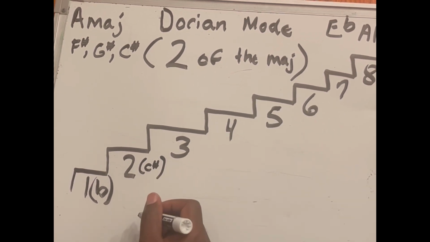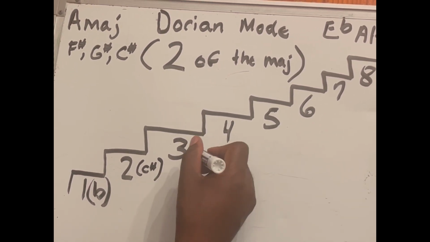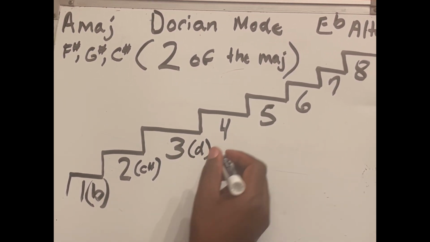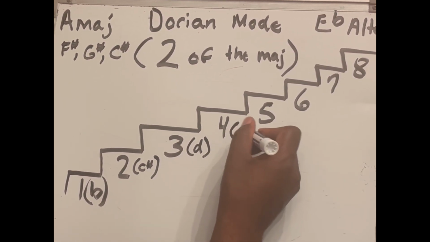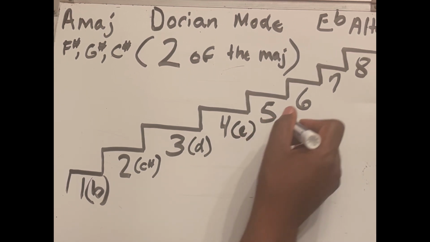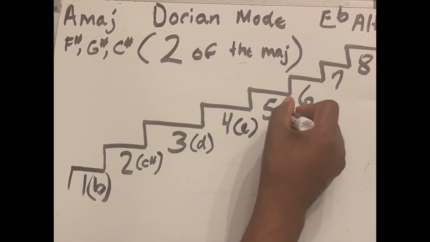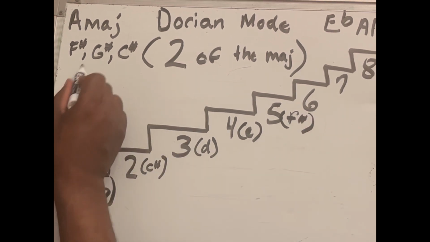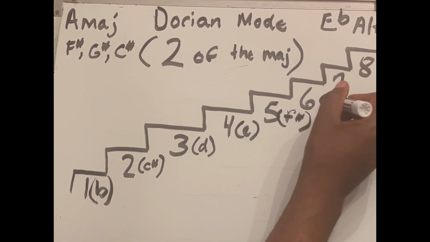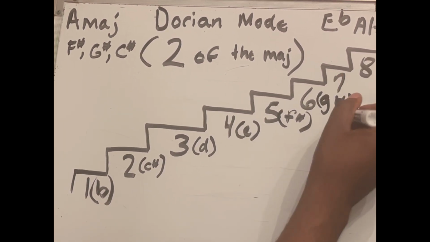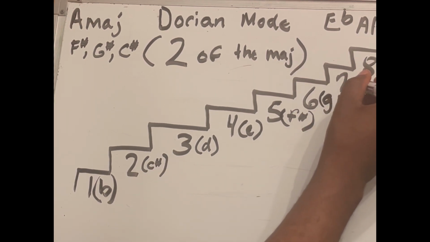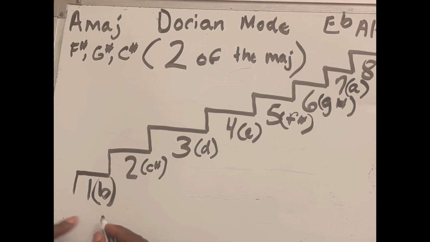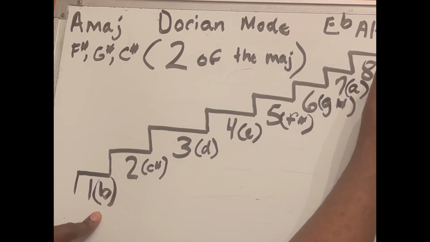And then the next thing after C sharp is going to be D. And then after D is going to be E. Then after E, it's going to be F sharp. Then after F sharp, G sharp. Then after G sharp, of course, it's in A major, A. And then that puts us right back to B.